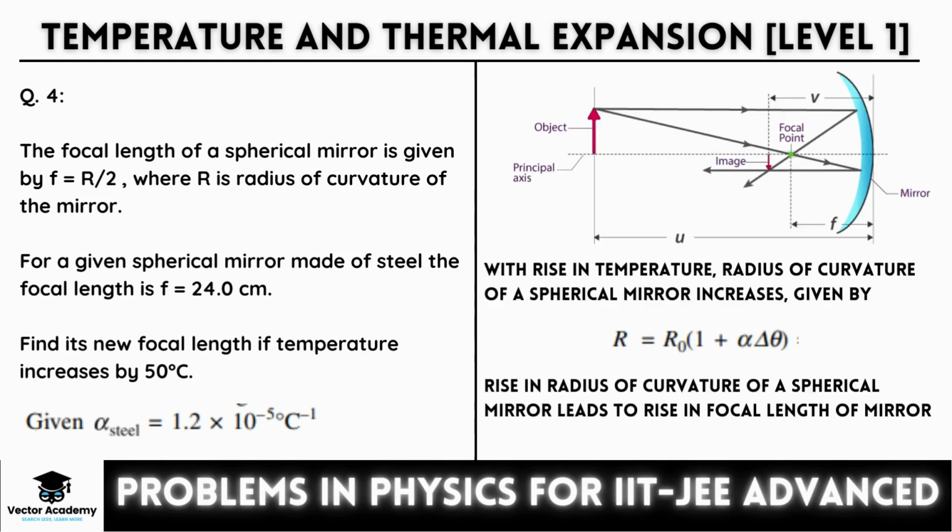With rise in temperature, radius of curvature of a spherical mirror increases, given by R final equals R initial multiplied by 1 plus thermal expansion coefficient into change in temperature. Rise in radius of curvature of a spherical mirror leads to rise in focal length of mirror.